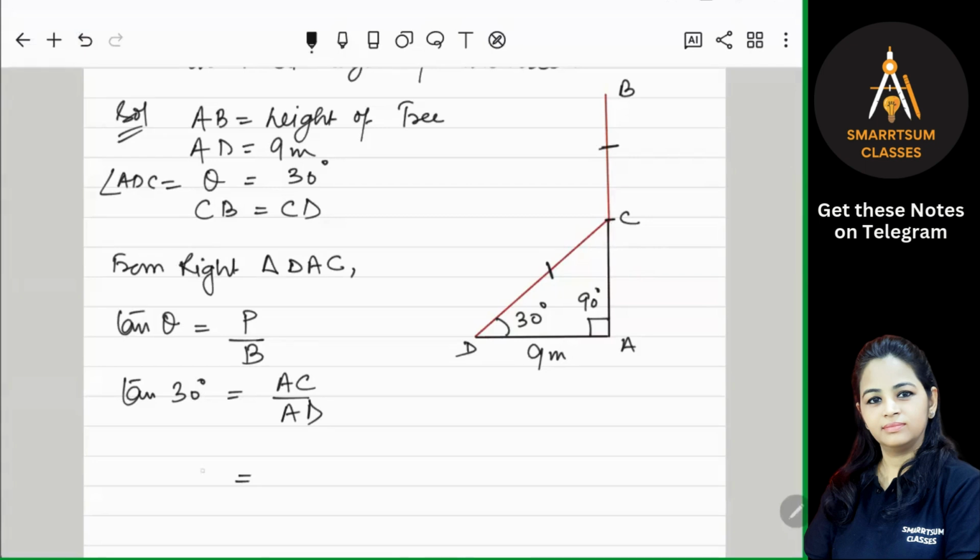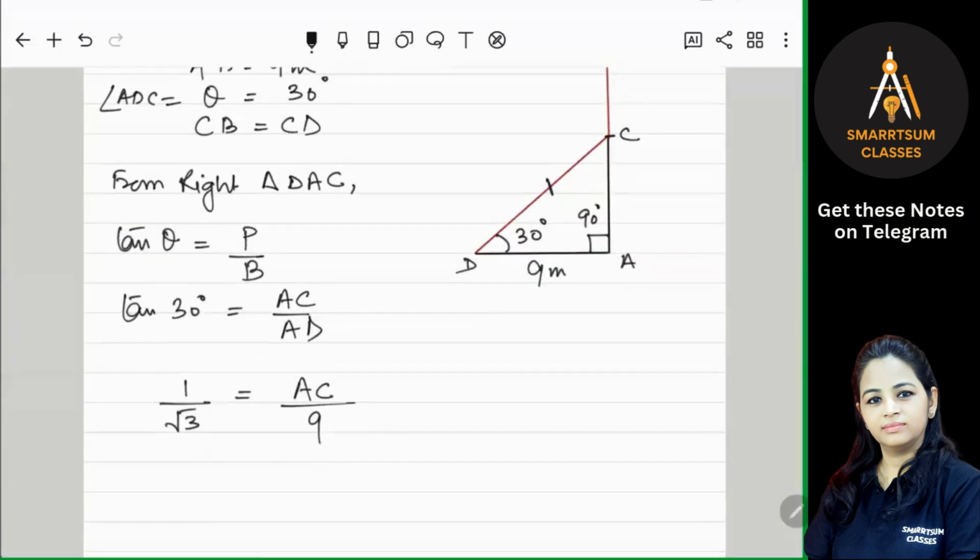Now what is tan 30 degrees? Can you tell me? Tan 30 degrees is 1 by root 3. AC we have to find, and AD is already given, that is 9 meters.